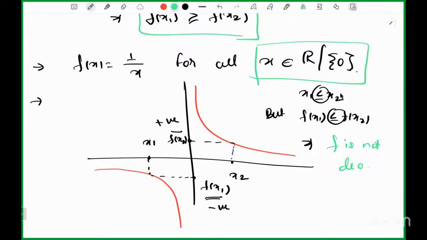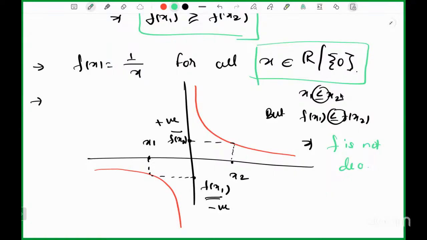I was having a little doubt. We say that if the function fails the horizontal line test, then it is not 1-1. Yes, correct, because the line is cutting the graph of the function at 2 points. If the graph is touching at only 1 point, then we say that it is 1-1.